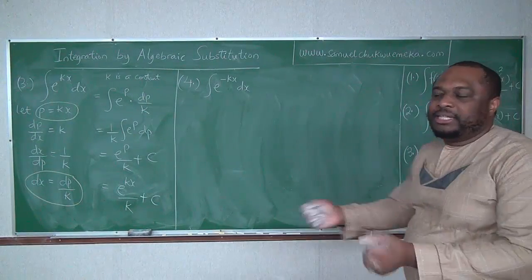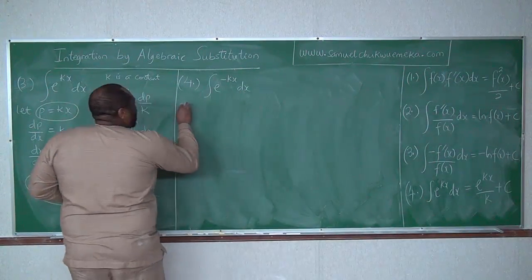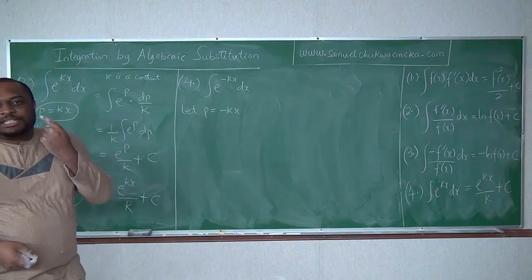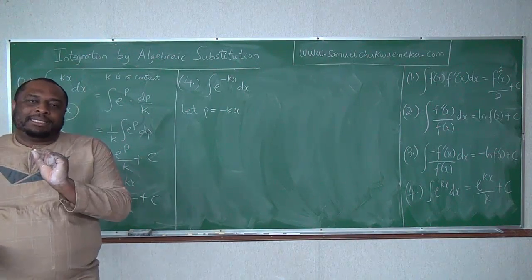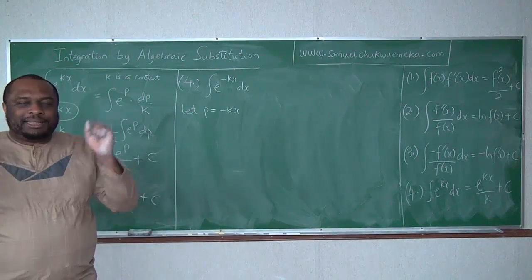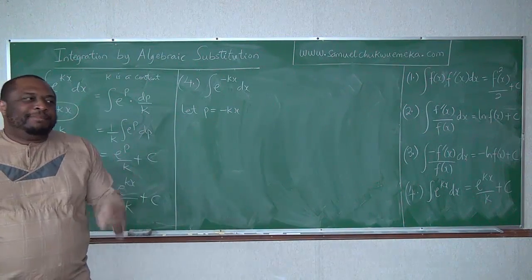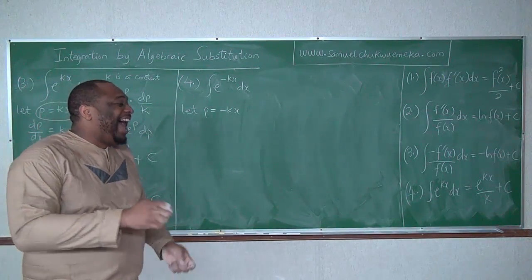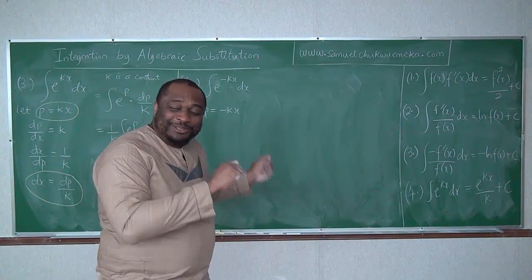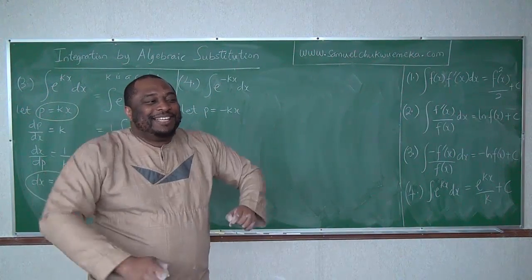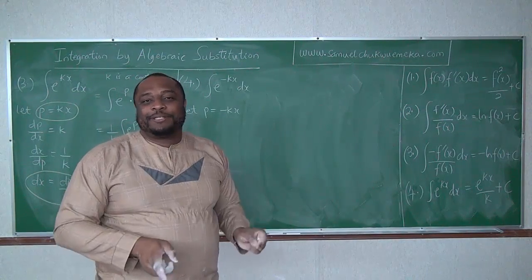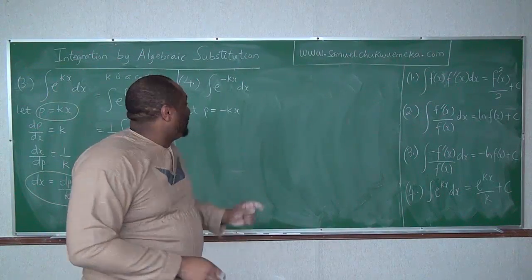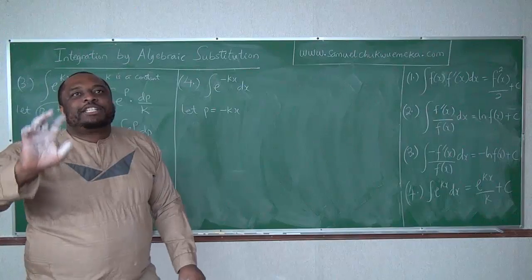So this will be: let p be negative kx. If you put the substitution as p to be kx, you are just messing things up. Folks, don't screw this up.